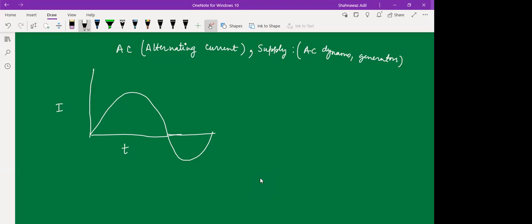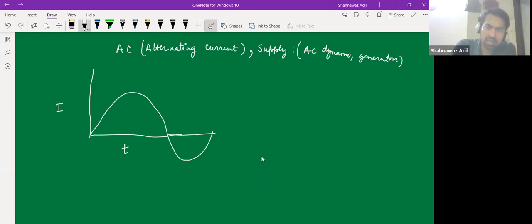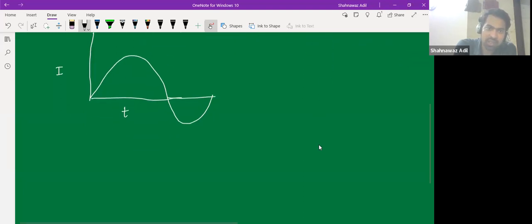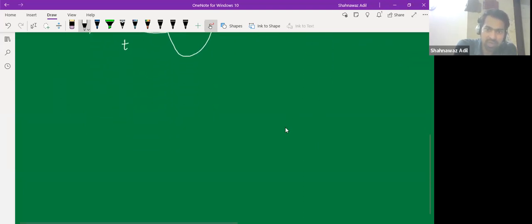Okay, noted. So now let's talk about how we get this AC generator. In the previous chapter, electromagnetic induction, we understood that we can get an EMF generated or an induced current when we change the flux around the coil, right?